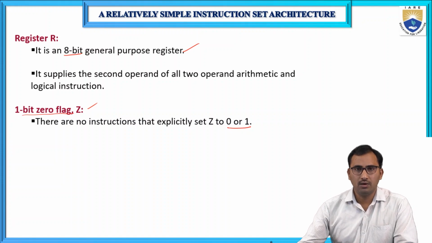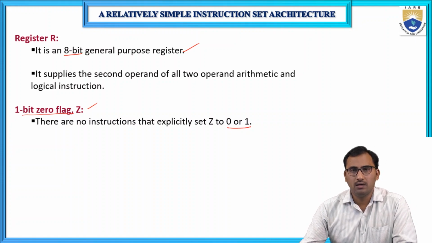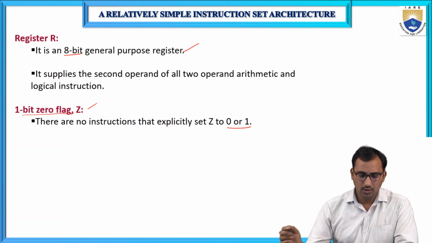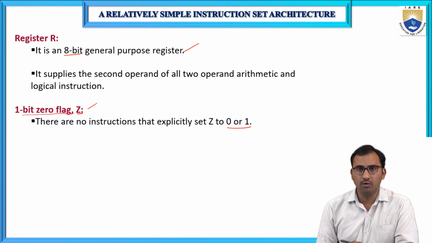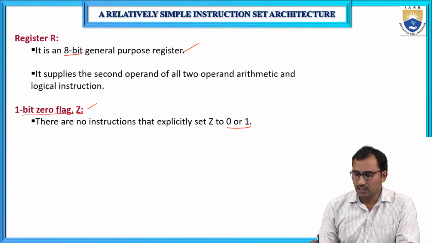The flags are set or reset based on the operation performed. Whenever we perform some arithmetic or logical operation, based on the result, that particular flag will be set or reset. So this is the Z flag, which means zero flag. When you perform any arithmetic operation, if the result is 0, then Z will be set to 1.